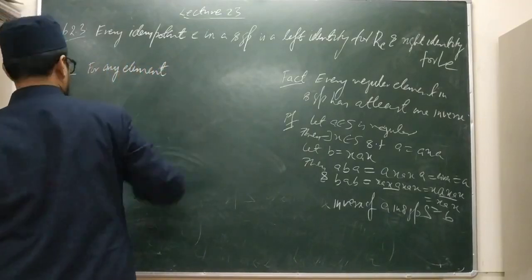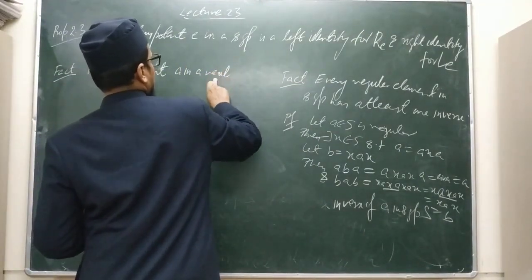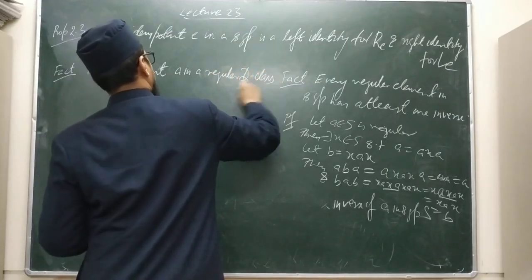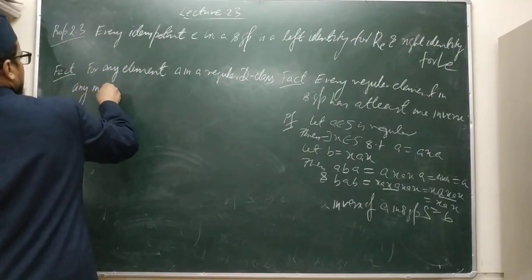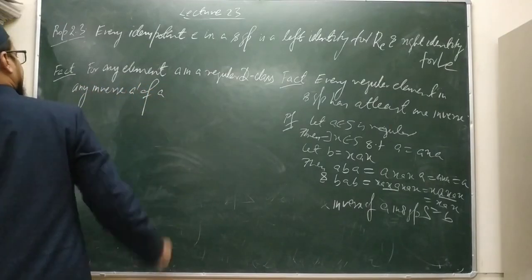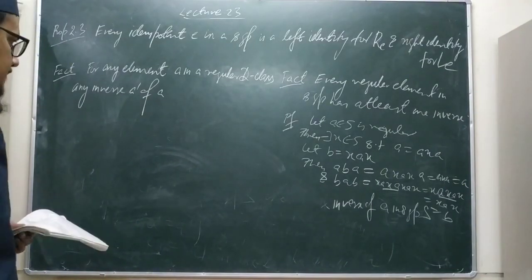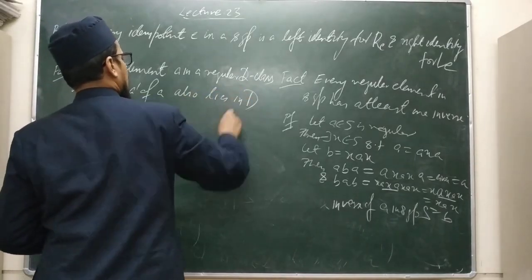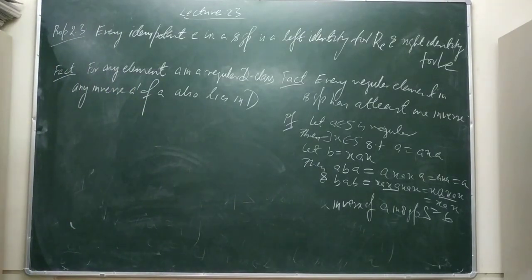For any element a in a regular D class, any inverse a dash of a also lies in D. Correct?